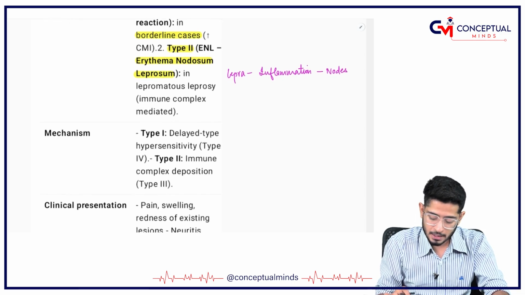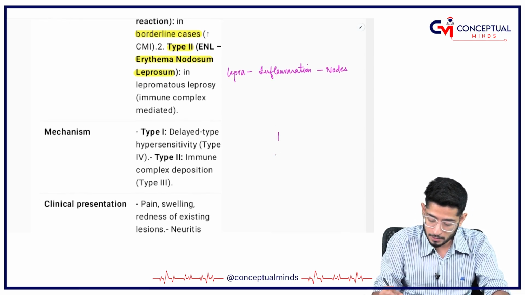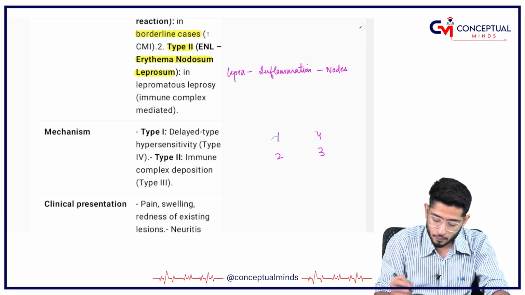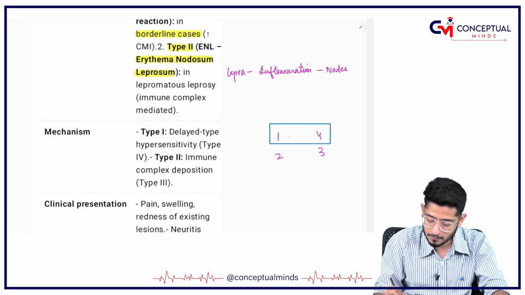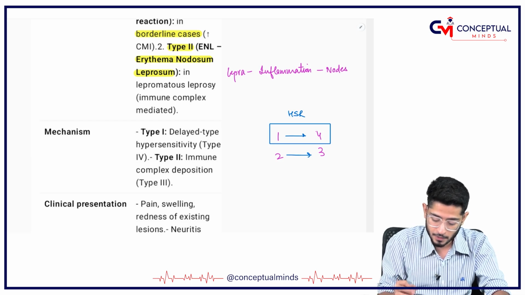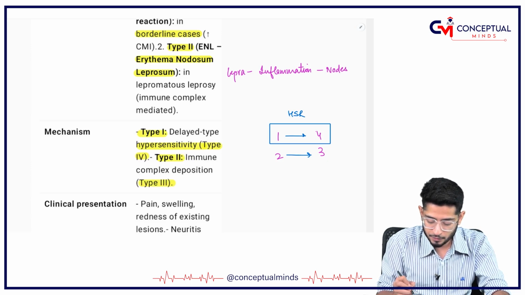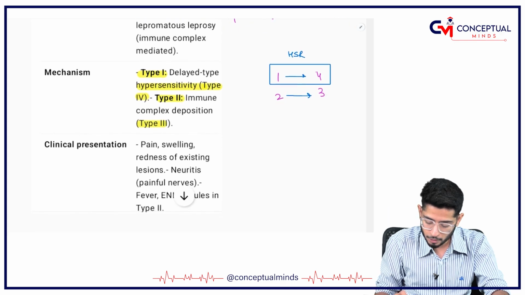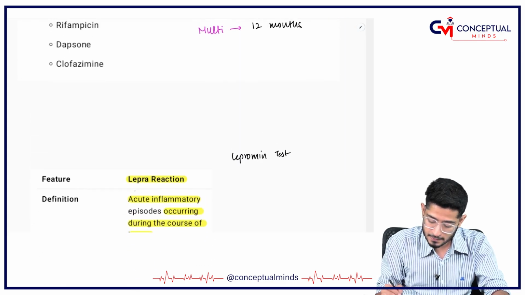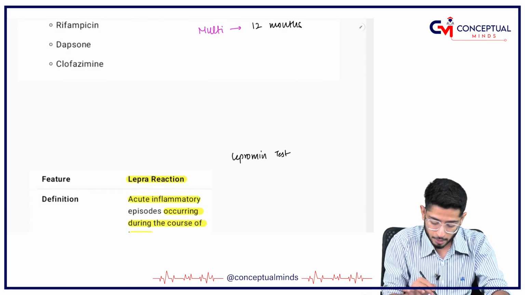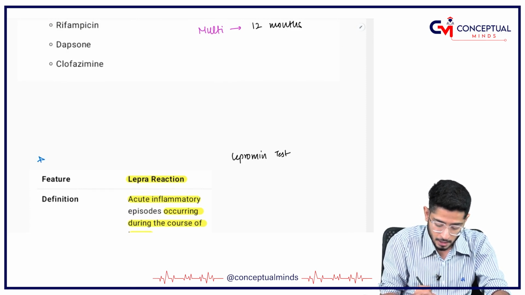But one thing I would like to tell you, please write 1, 2, 3 and 4. Type 1 reaction is a type 4 hypersensitivity reaction, and type 2 is a type 3 hypersensitivity reaction. Okay, clear? So, this is again an important part, lepra reaction, and you must be aware of that.